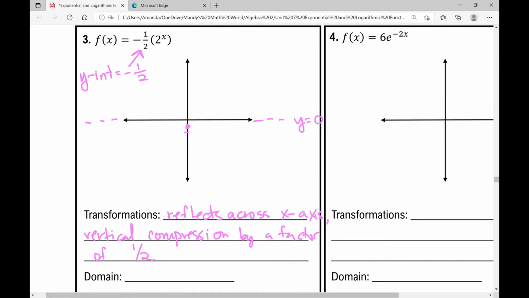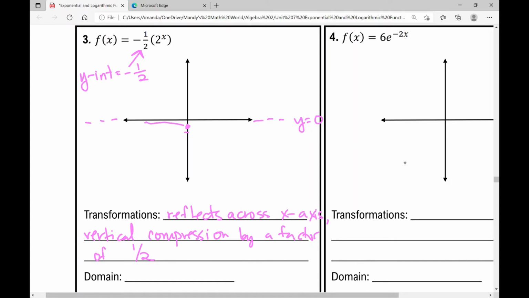So all of our y values, whatever they were, they become half of what they were. If it was just -2 to the power of x, that y-intercept would be -1, but because it's -1/2, now it's half. What's half of -1? It's -1/2.